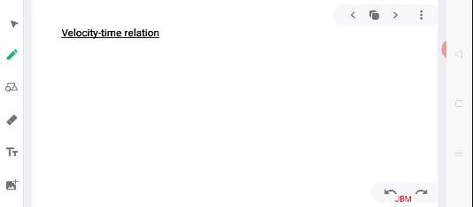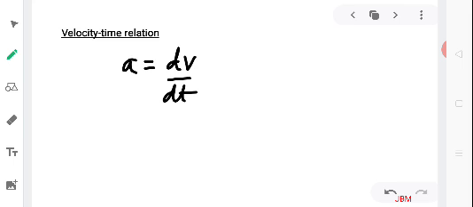So let's begin with the first one, that is the velocity time relation. For this, I will begin with the expression for acceleration. Acceleration by definition is the rate of change of velocity with respect to time. Now, whenever we talk about rate of change in calculus, we generally utilize an understanding of an infinitesimally small change in velocity with respect to a corresponding change in time.